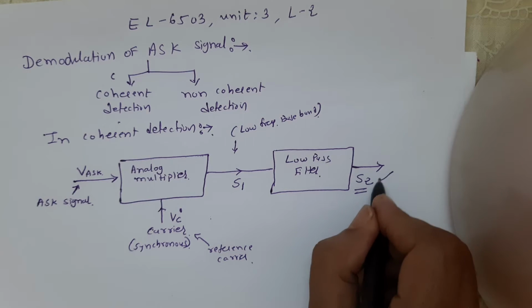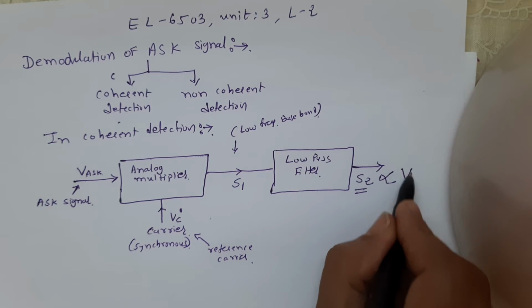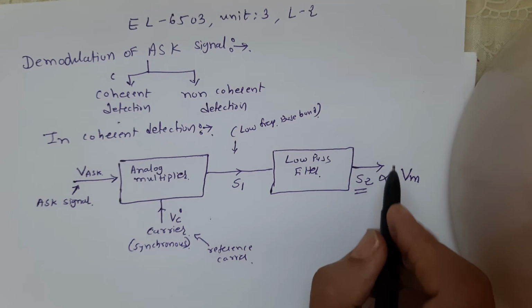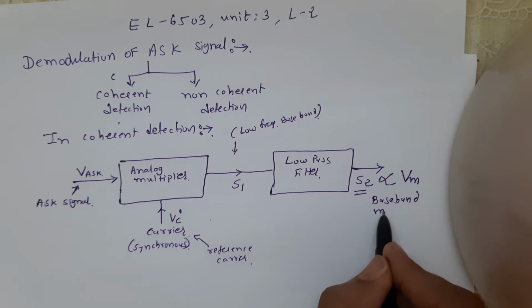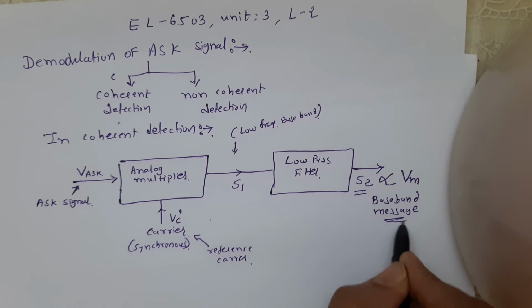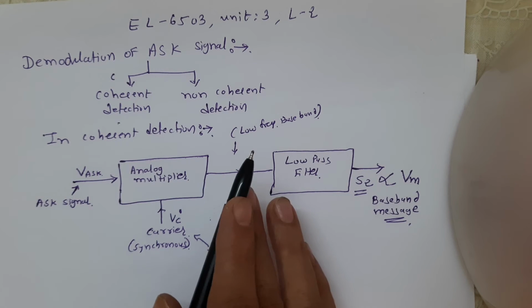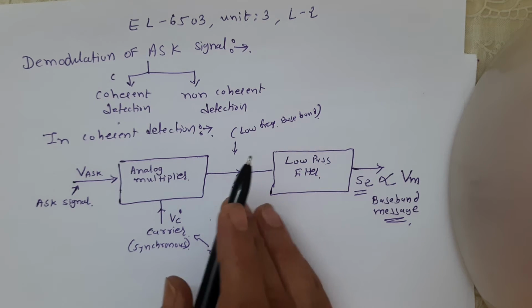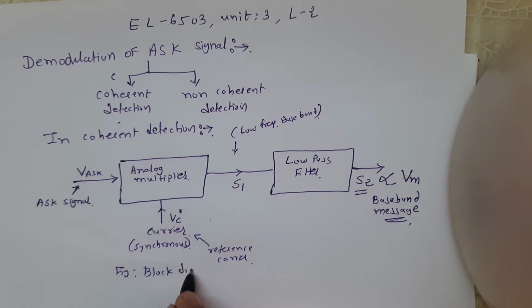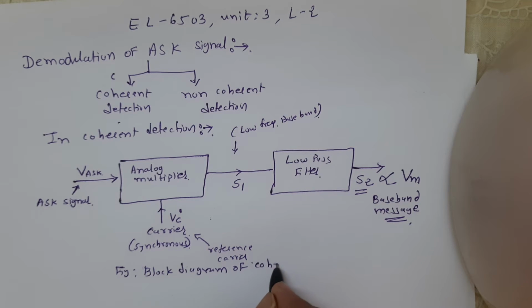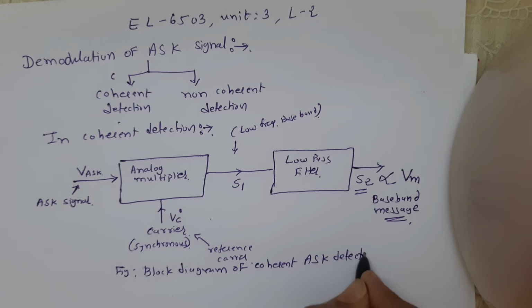This S2 is directly proportional to the message signal Vm, and it is the baseband message. This figure shows the block diagram of a coherent ASK detector.